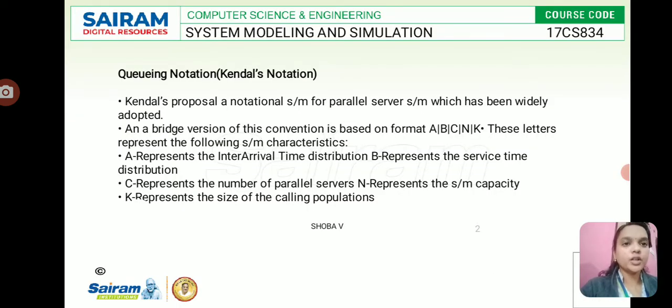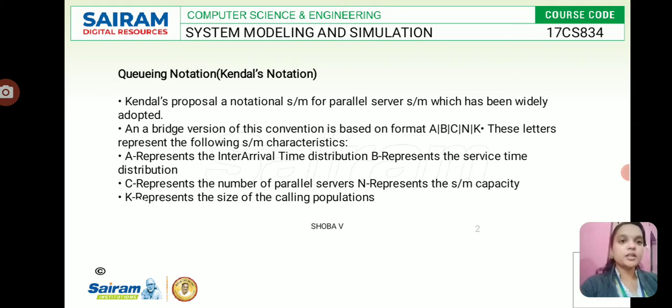Queuing notation is otherwise called Kendall notation. This proposal is for parallel server systems and has been widely adopted. So we have a parallel system and a multiple server system, and for both we can use this Kendall notation. The format is A, B, C, N, K, and these letters represent the system characteristics.